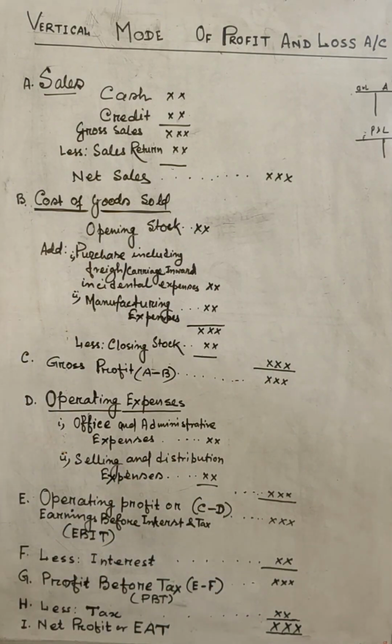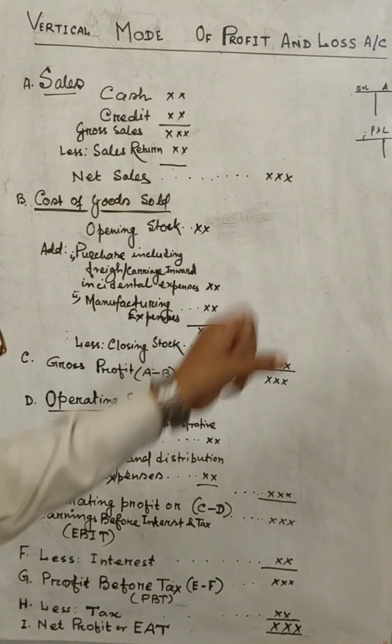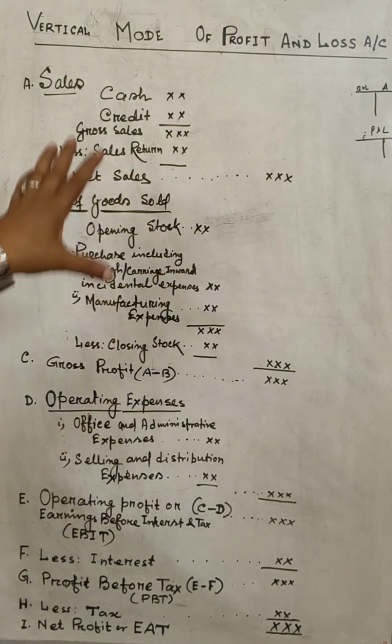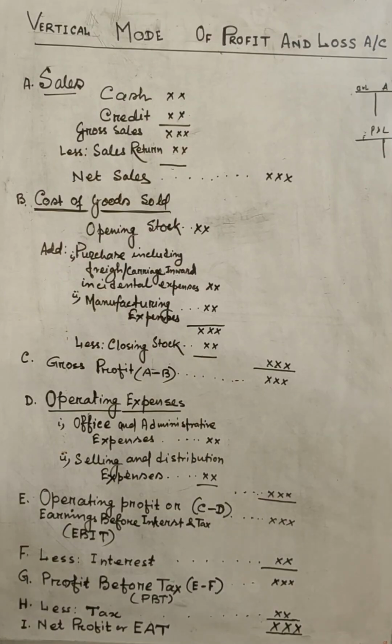In that case, if you place the data side by side, column wise, it will be helpful for analysis, comparison, interpretation, and to see the trend analysis. That is the purpose. For that reason, this type of vertical presentation is generally used by financial analysts, management accountants, cost accountants.